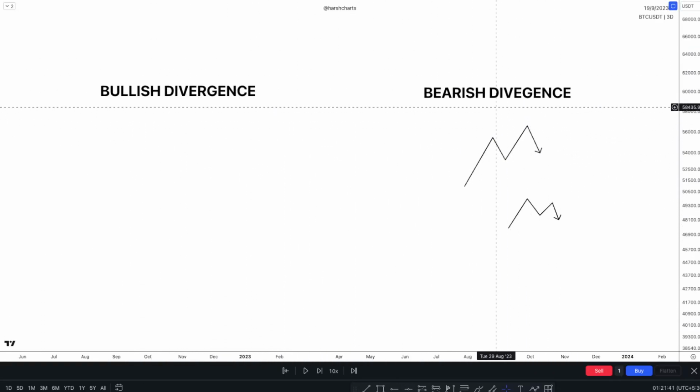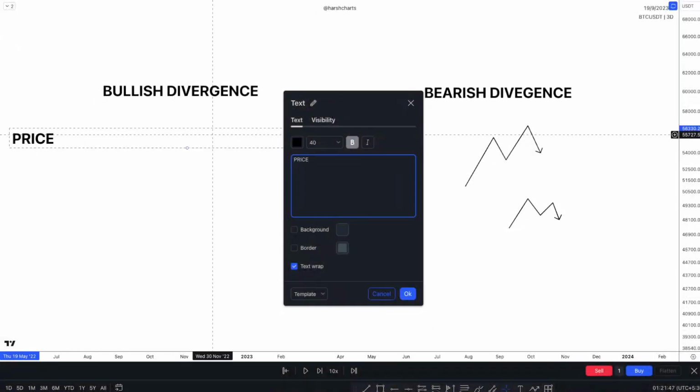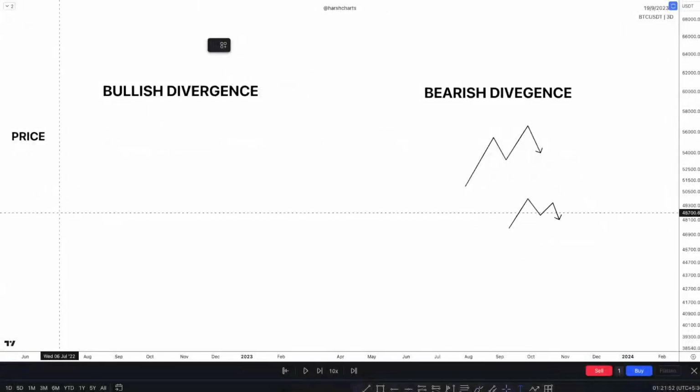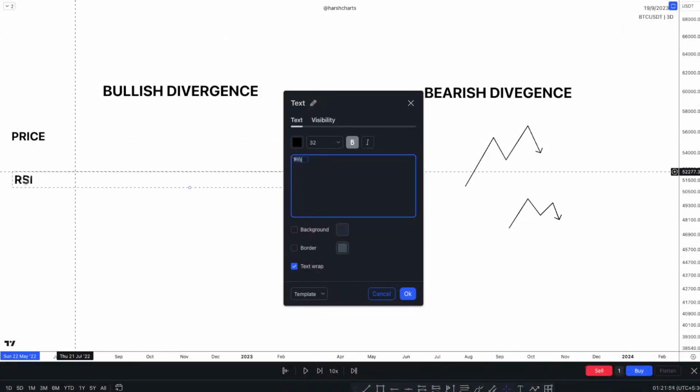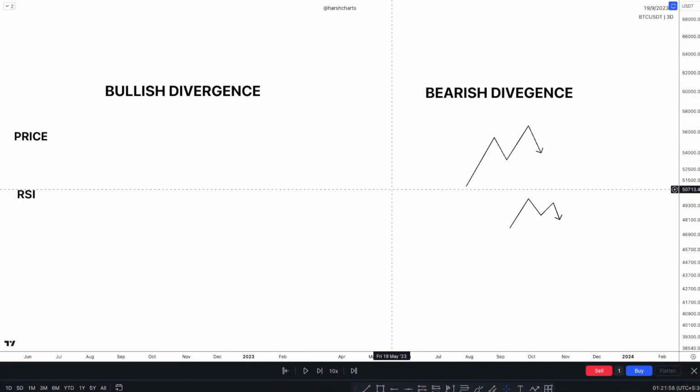So this was the bearish divergence that we learned. This was the price and indicator RSI. Now let's try to understand the bullish divergence.